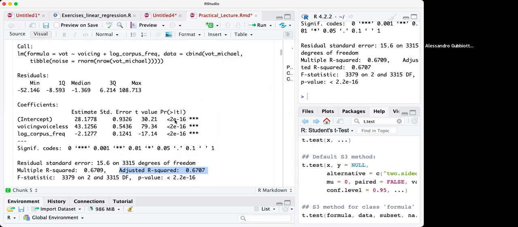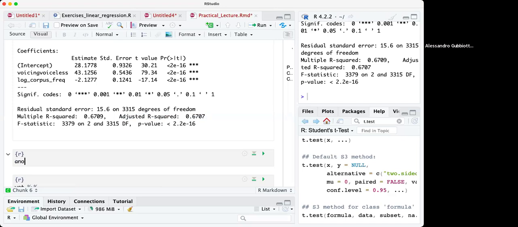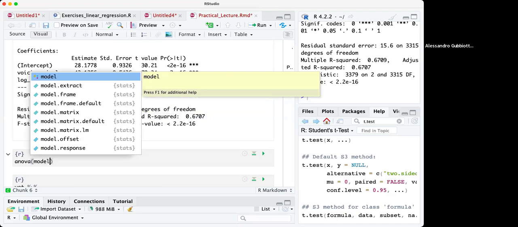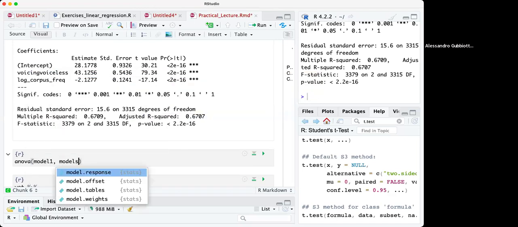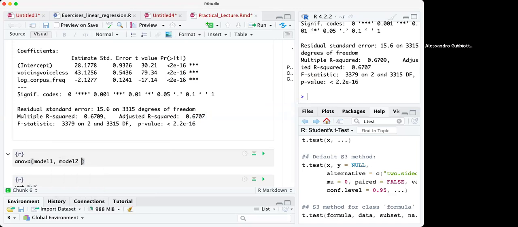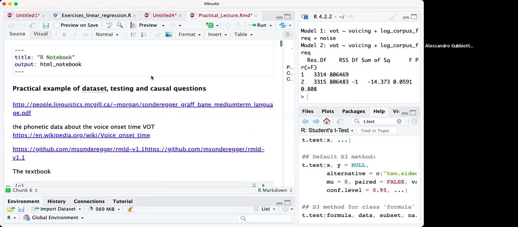To compare the models, you can use the function ANOVA, the analysis of variance. I can compare model 1 and model 2 using ANOVA. It gives me some data. I don't have time to explain it, but I can give you some references.